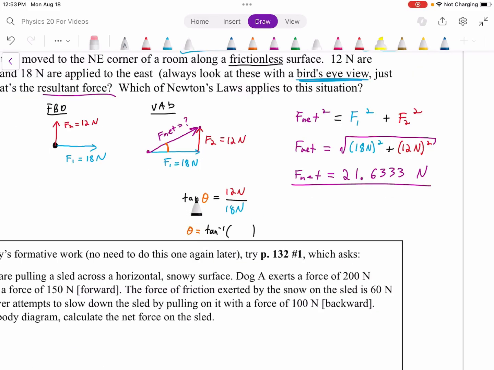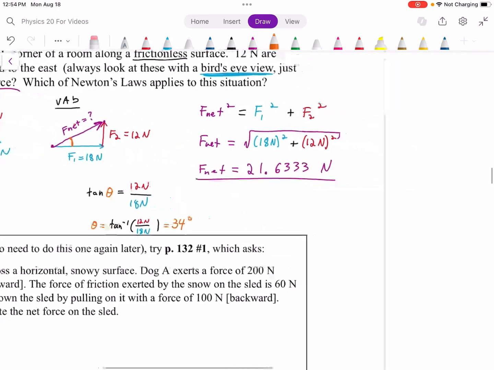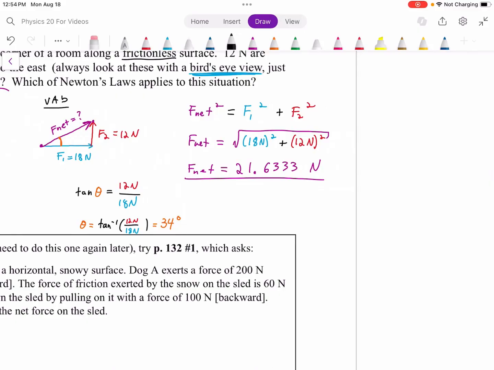But again, we don't want tan theta, we want theta itself. So take inverse tan of both sides, that's second tan on your calculator of that same ratio, to get that theta is 34 degrees. So now we know that for F net, that angle there is 34 degrees.